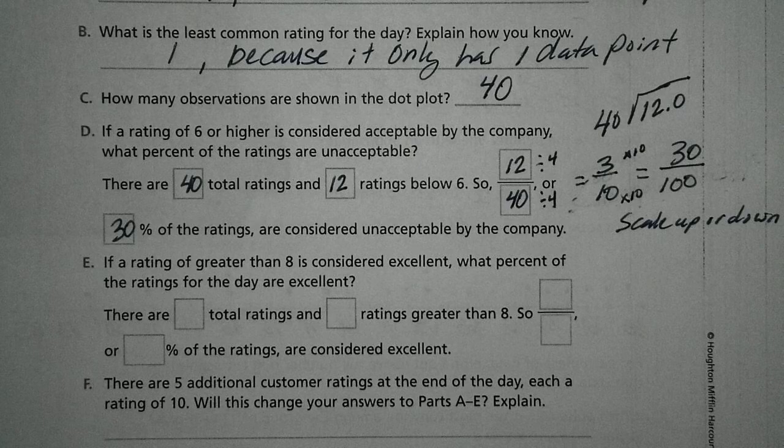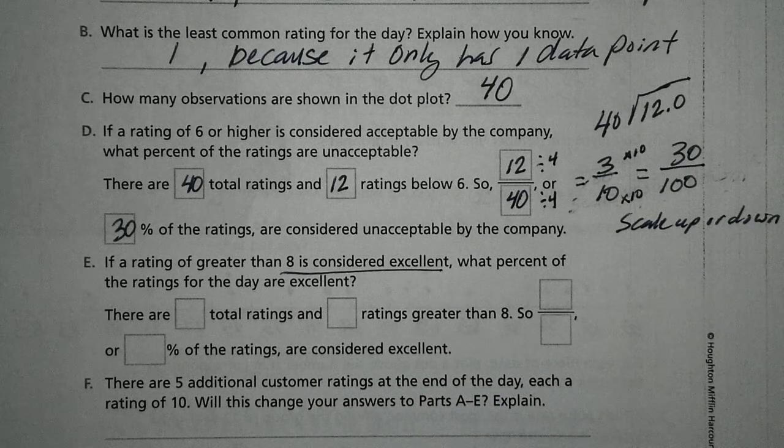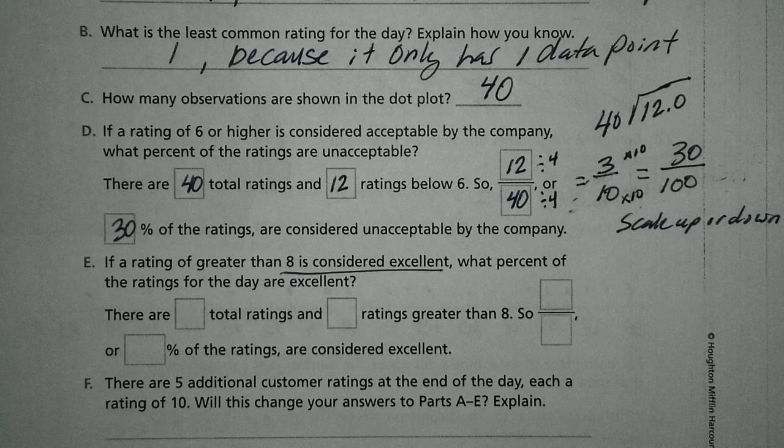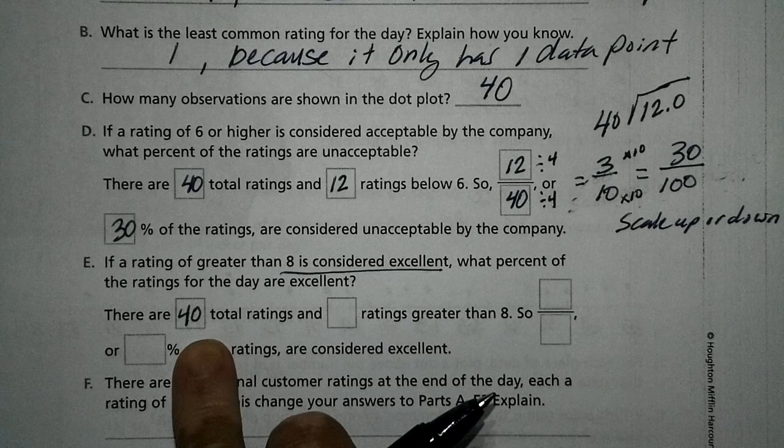All right, so we're going to do the same thing for E. But now, if a rating of greater than 8 is considered excellent, what percent of the ratings for the day are considered excellent? So once again, we're still out of 40.